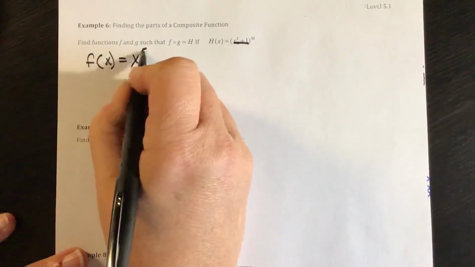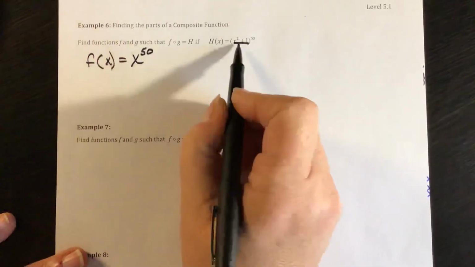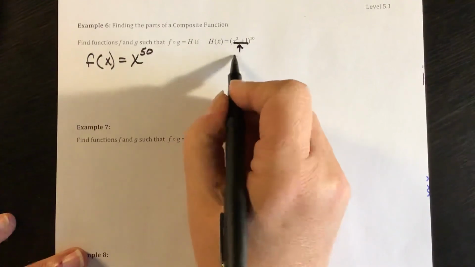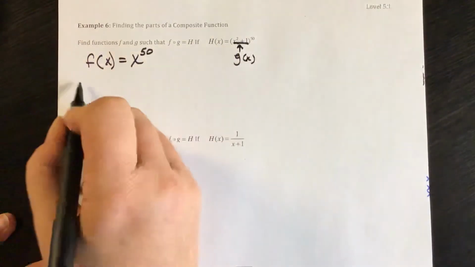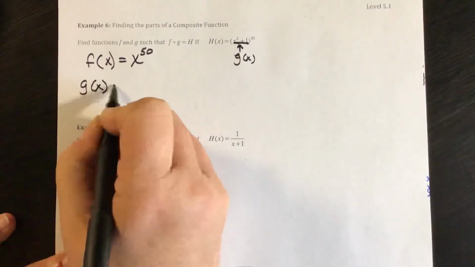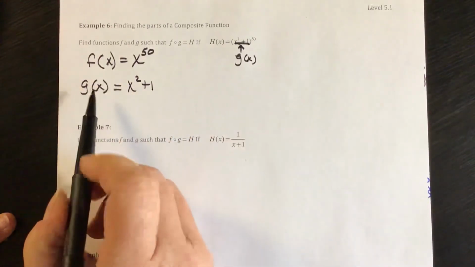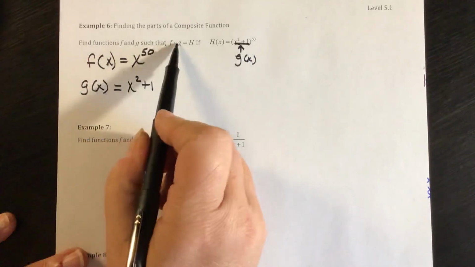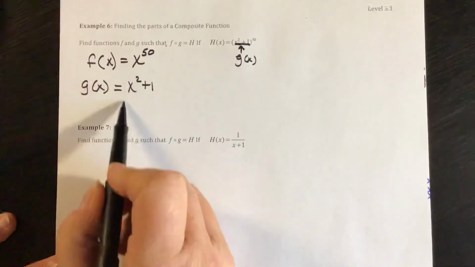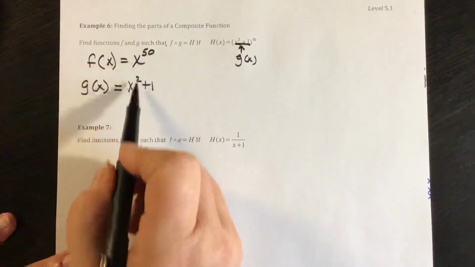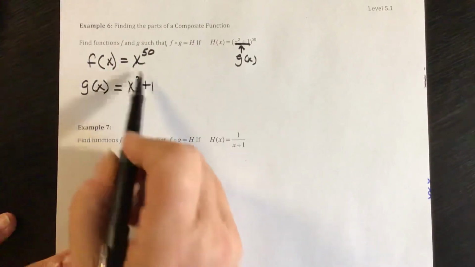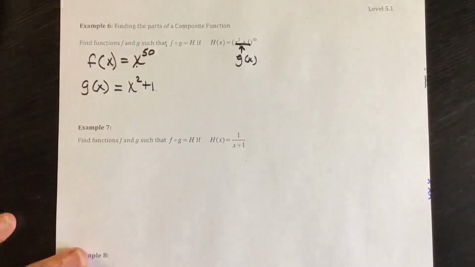So x to the 50th power, and that something inside is going to be g of x. So g of x is going to be x squared plus 1. So if I wanted to find f of g of x, I would take g of x and plug it in for x. So I would have x squared plus 1 to the 50th power.